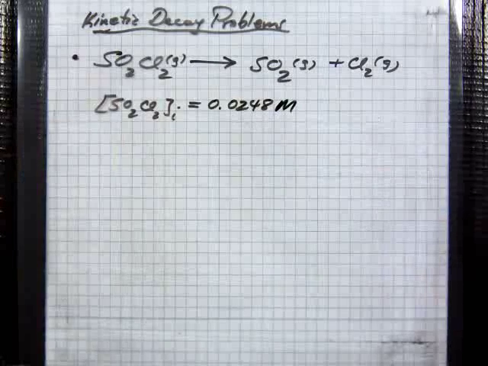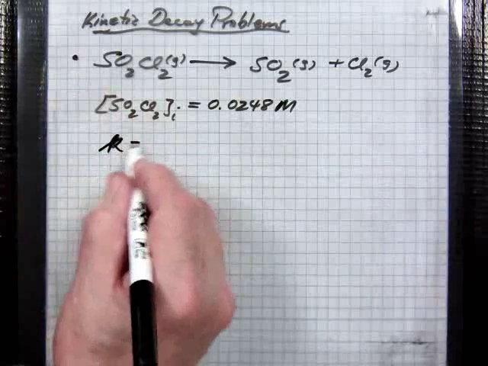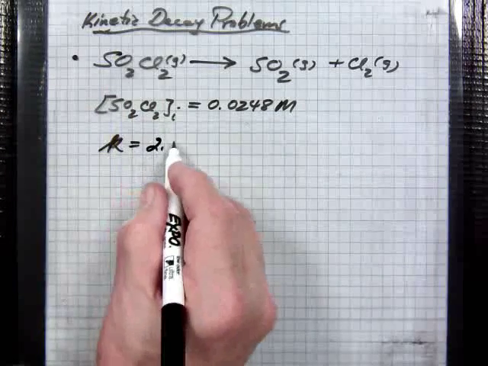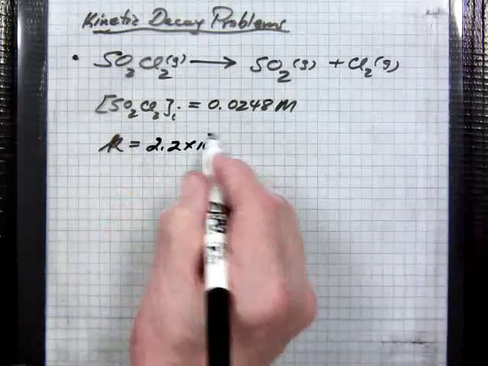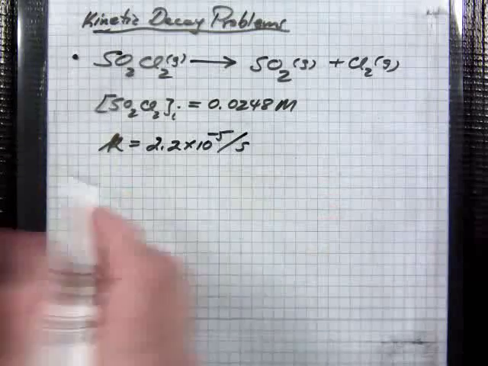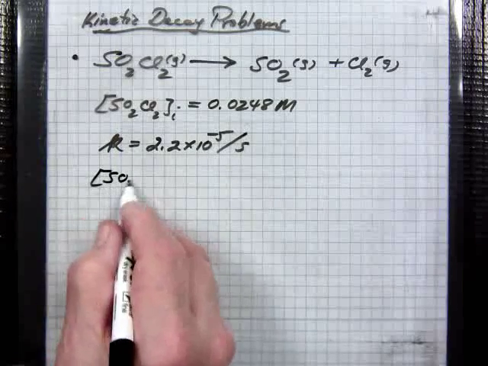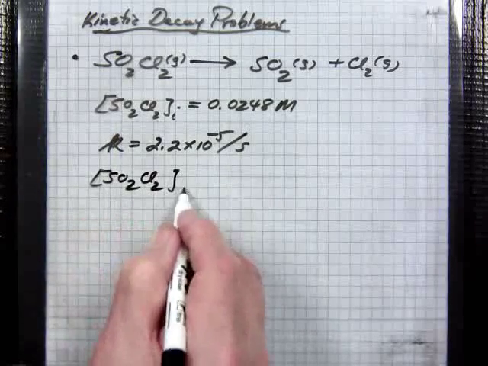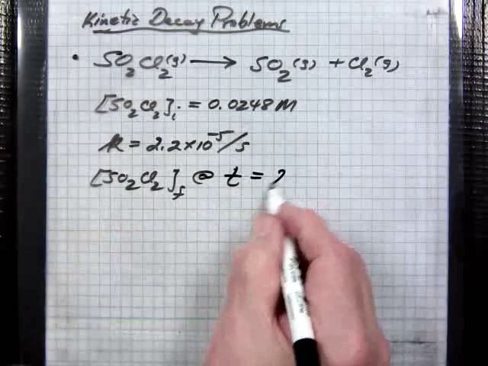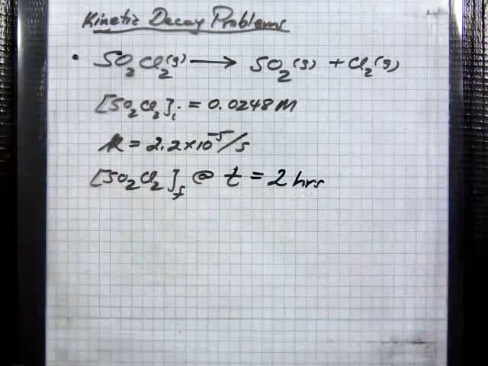If the rate constant, K, for the reaction is 2.2 times 10 to the minus 5 reciprocal seconds, if you wish, what's the concentration after 2 hours? SO2Cl2 final at time equal 2 hours.